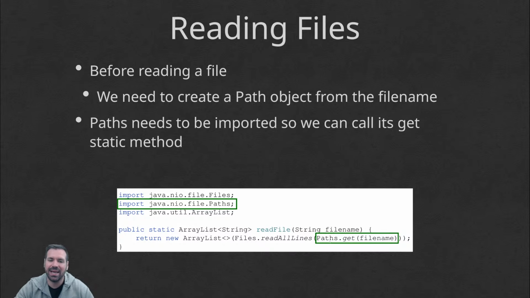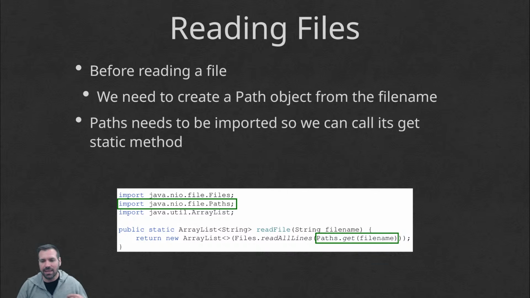Paths is a class that comes with Java, specifically in the java.nio.file package. So we're going to import it, and we're going to call get, which is a static method in the Paths class.